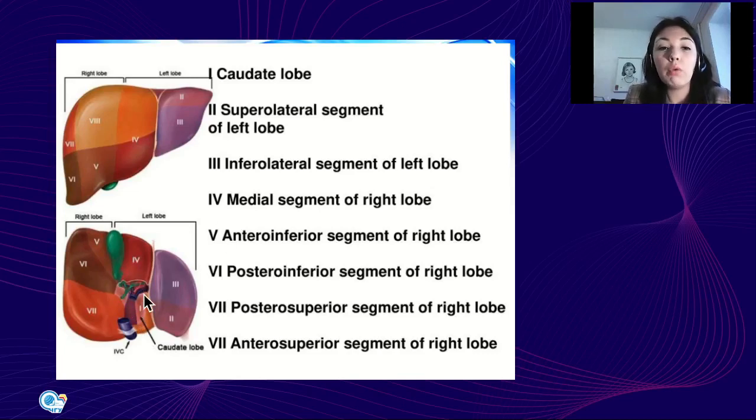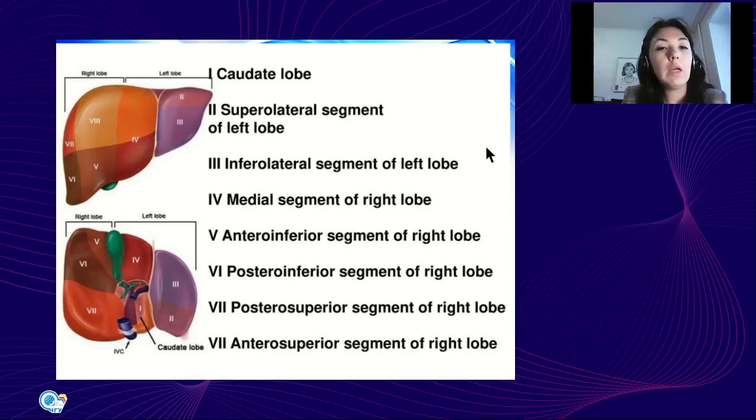So in case of hemihepatectomy, we'll talk about it later, removal of half of the liver, if we are planning to perform it from the left side, then we will also remove the caudate and quadrate lobes. In case of right hemihepatectomy, we will remove that part of the liver that is located laterally from the right sagittal fissure.